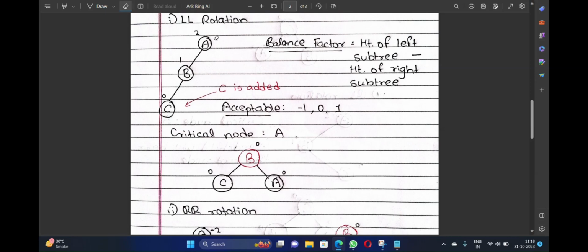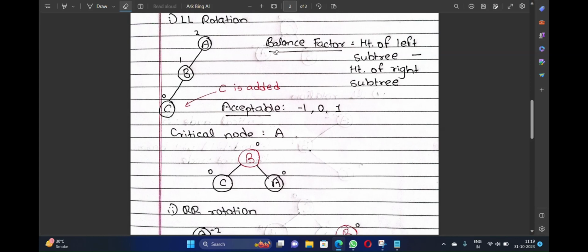Okay, for A, you can count that in the left subtree we have two nodes. 1, 2, we have two nodes. And in the right subtree we have 0 nodes. So 2 minus 0 is 2. This must be clear to you about balance factor. Now what is acceptable range?